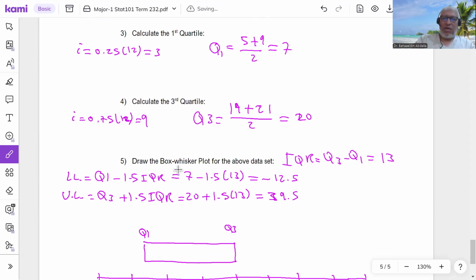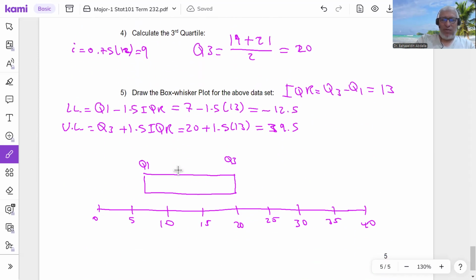And the median is 12, so it's somewhere here. This is the median. And the whisker goes to the upper limit, which is 39.5. And this will go to the smallest possible value, which is 0.